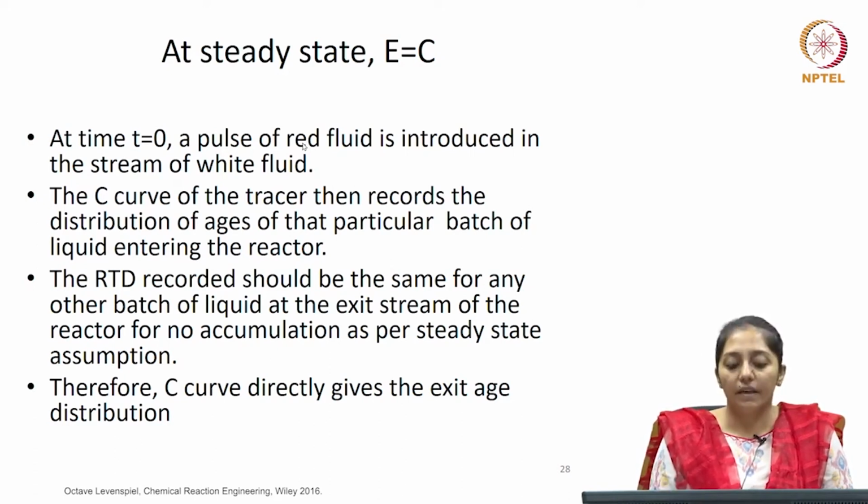The RTD recorded should be the same for any other batch of liquid in the exit stream of the reactor, with no accumulation as per the steady state assumption. So your C curve can directly give the exit age distribution. This is the steady state assumption under which E becomes equal to C.